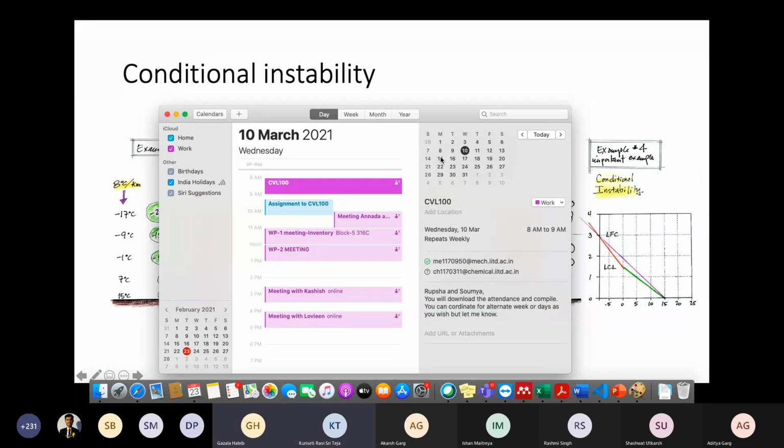Ma'am, how much time will be given for the assignment, like one week duration? It depends. We will probably try to have a numerical question. If it's a numerical question, the time given for online submission will be accordingly less.